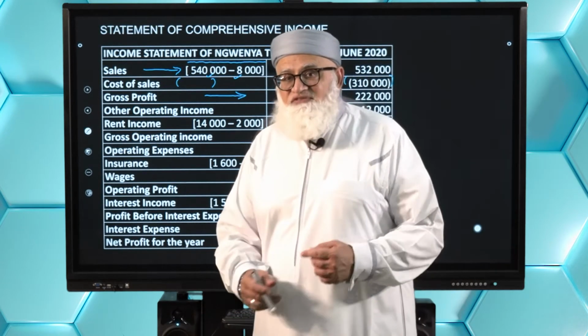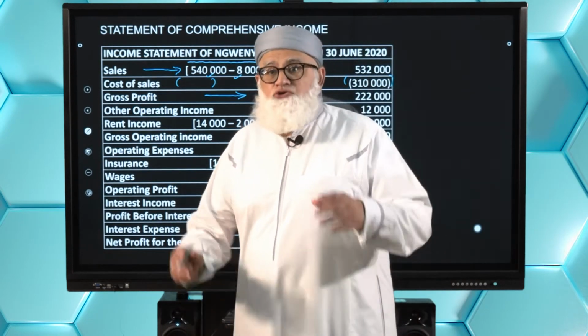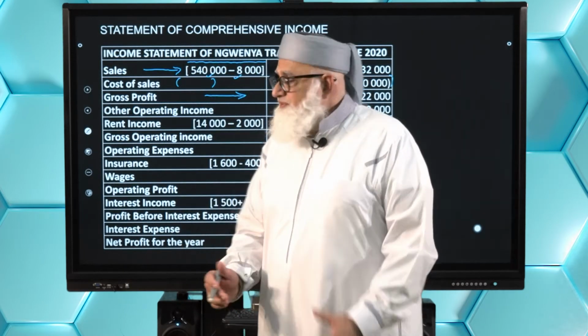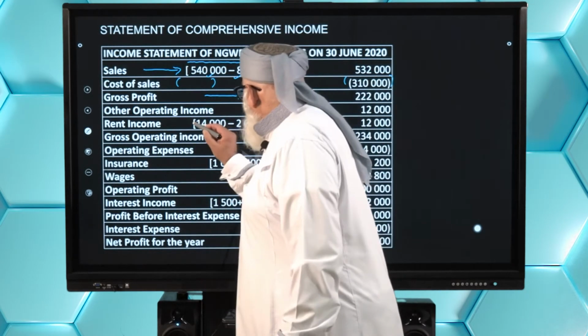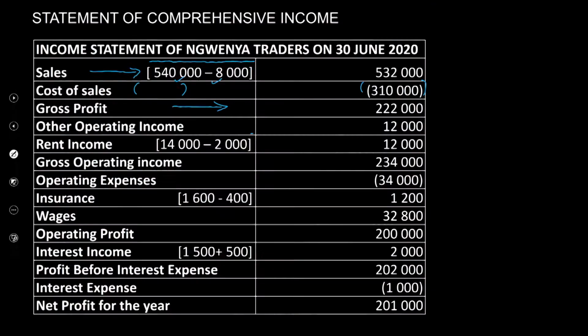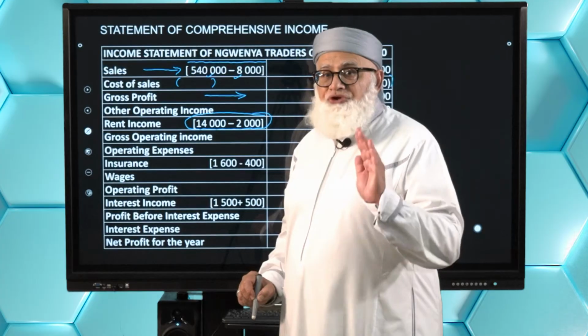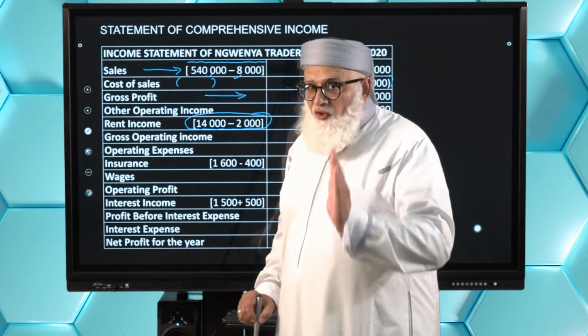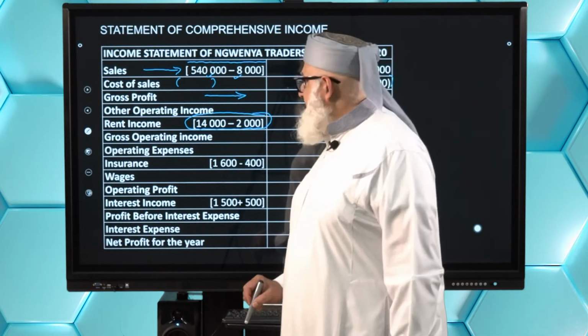All that I've done, I've listed one of them, obviously to show you the format. So we have rent income, and once again, the important component that we're referring to here is the calculation in the bracket. We're going to come to the adjustments just now. For now, just focus on the format of the statement of comprehensive income.